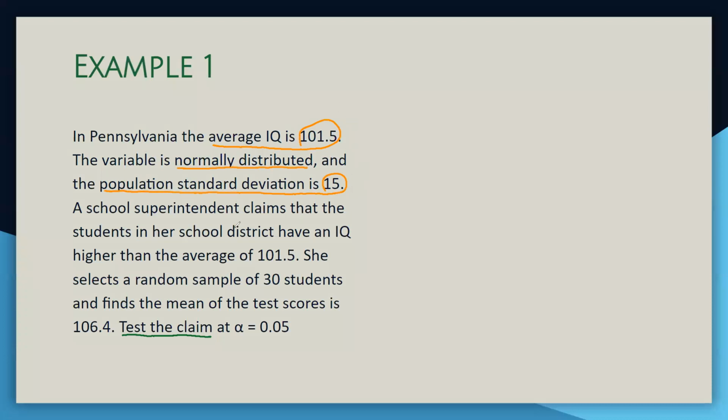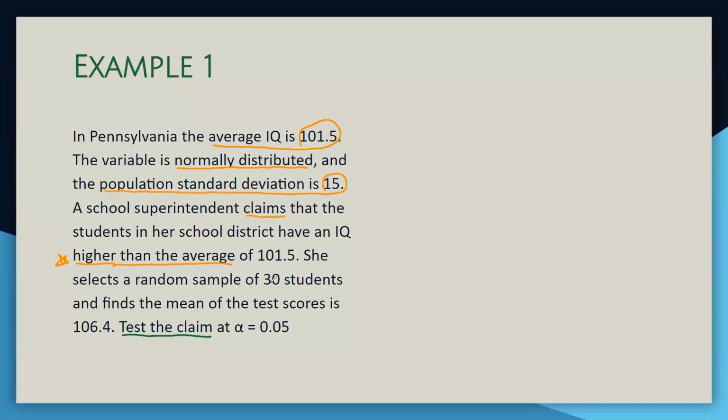And then the school superintendent claims that the students have a higher than average score. So what the superintendent is claiming is that the mean for her students is higher than that stated mean of 101.5. So this is telling us what our alternative is going to look like.